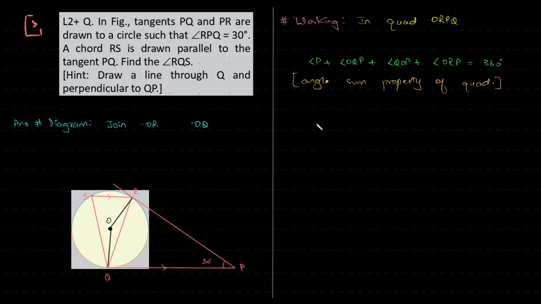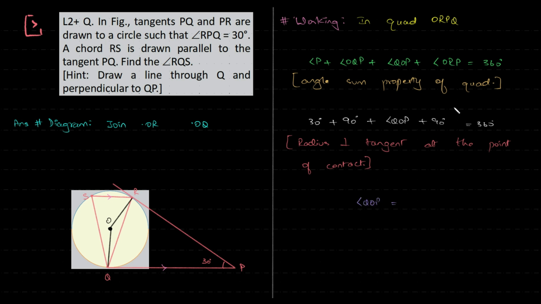And next, angle P is 30 degrees, this is 90 degrees, this is an unknown, this is 90 degrees, and this is 360 degrees. The reason being the radius is perpendicular to the tangent at the point of contact. And so angle QOP is equal to 150 degrees. Directly you can write this; you need not show more than this.